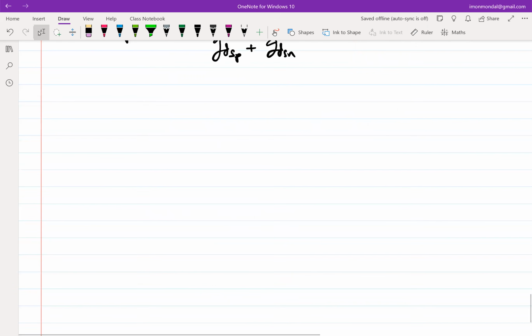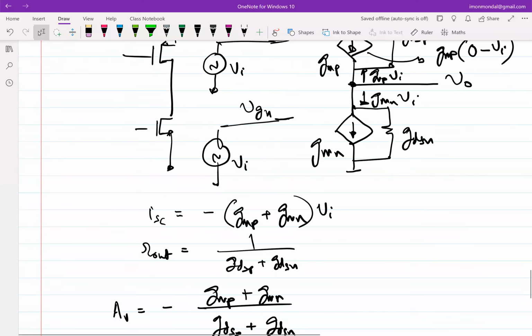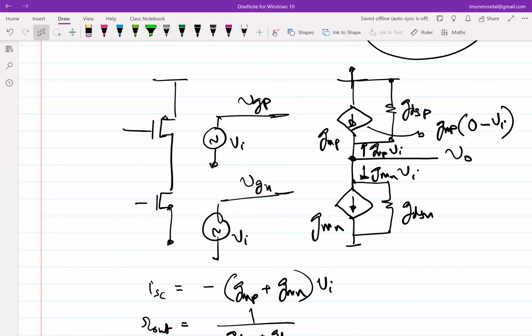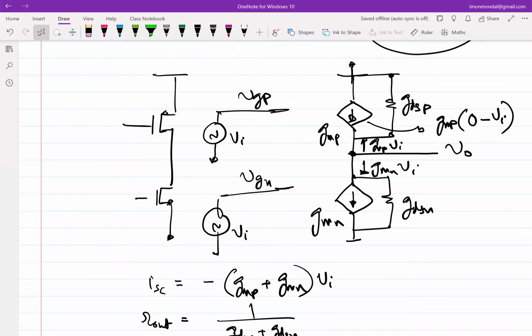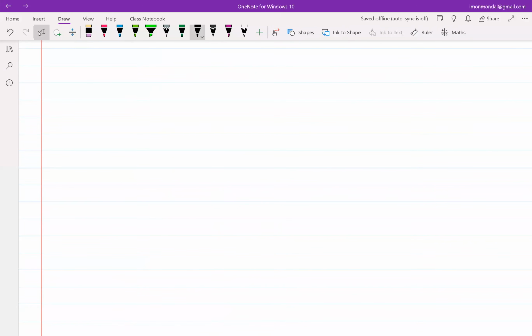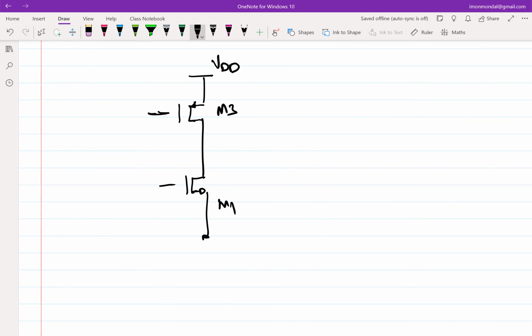So let me replace. I can do it here itself, but it will become clumsy. Let me take it down. So we were applying VI directly at the gates, right? At the gates of M1 and M3 in the incremental sense.